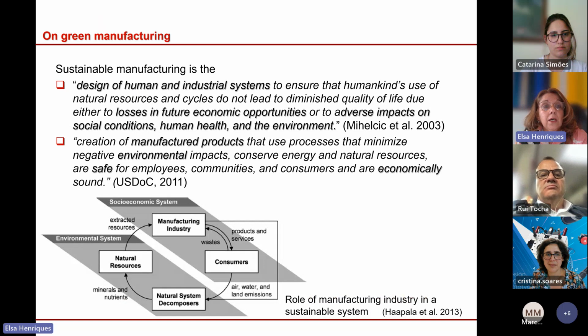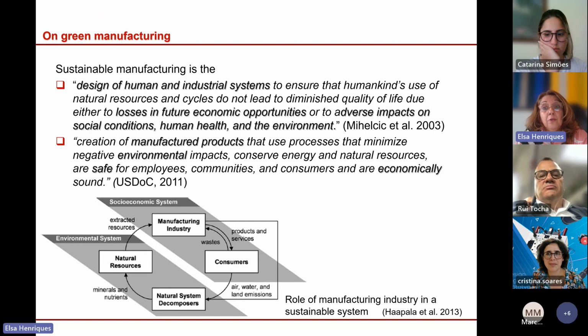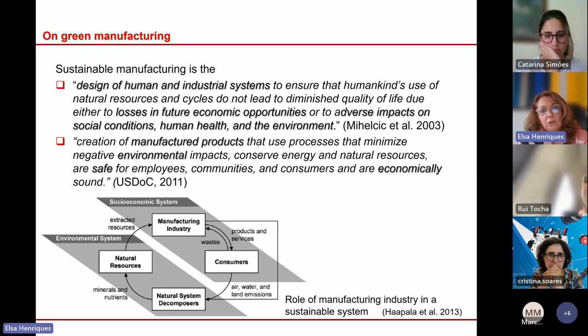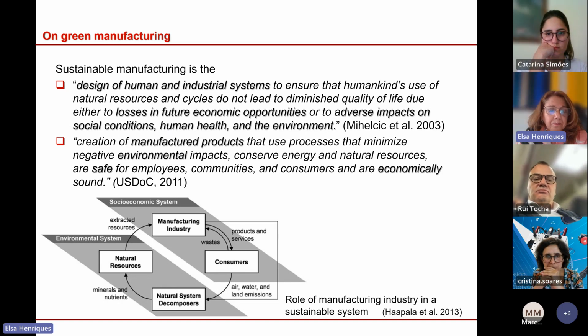So sustainable manufacturing is the design of human and industrial systems to ensure that humankind's use of natural resources does not lead to a diminished quality of life due to losses in future economic opportunities or to adverse impacts on social conditions, on human health, and on the environment.